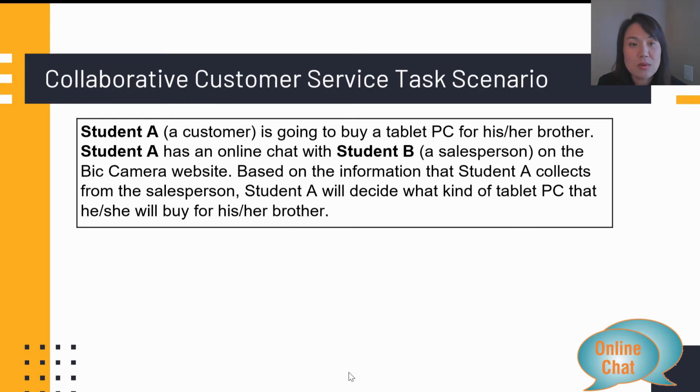And the next example is a collaborative customer service task scenario. Since nowadays any customer service interaction is done either on the phone or in online chat, we wanted to introduce this online chat platform to them. Again, everything was done collaboratively using Google Docs. Student A and student B had different roles. A was the customer, B was the salesperson. Basically, student A tried to collect information from the salesperson, student B, regarding what type of tablet PC he or she would buy for his or her brother.